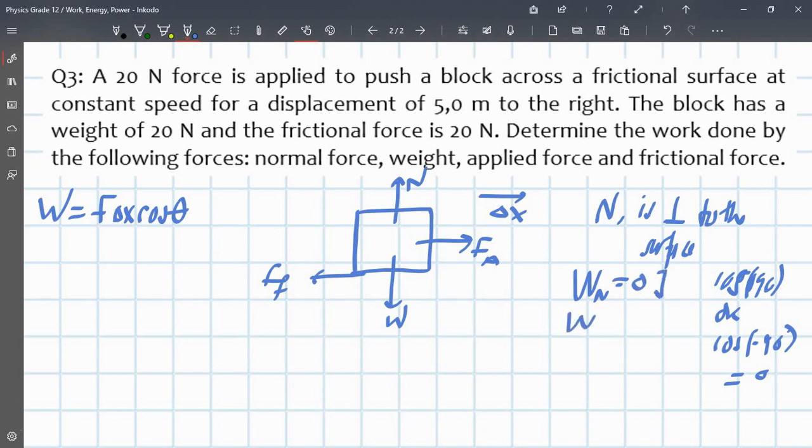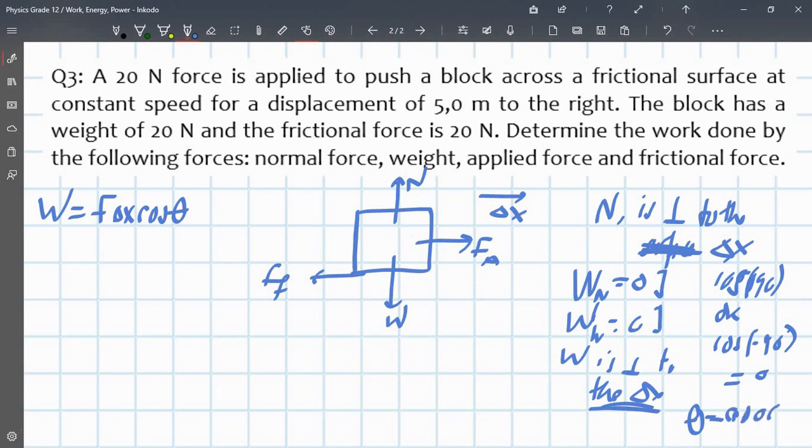By the same logic, we can say work done by weight is equal to 0 joules because the weight is perpendicular to, not the surface, but the displacement. So in both of these, the angle theta will be equal to 90 or minus 90 degrees.